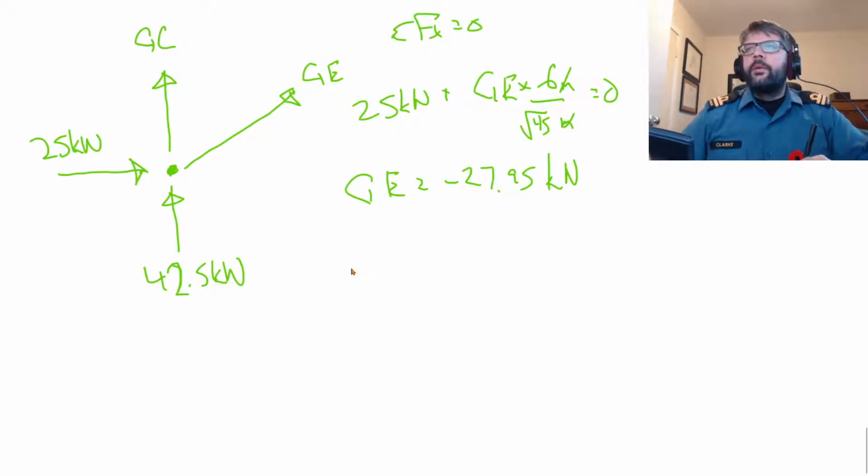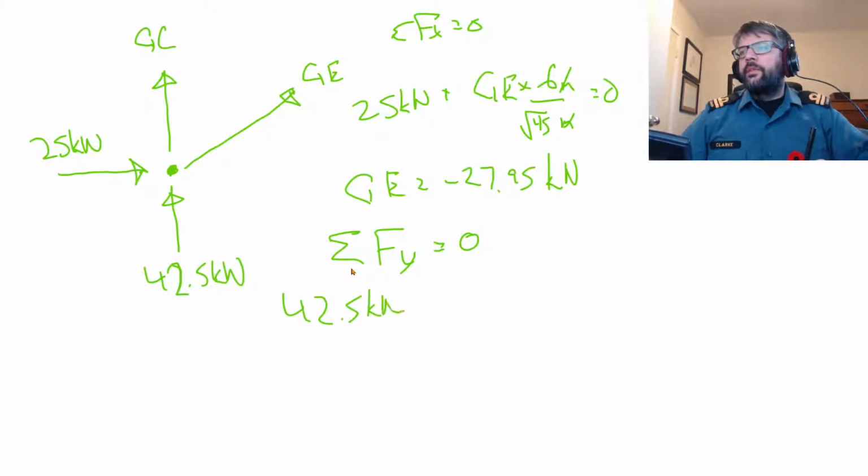So from there, we can solve for what our GC is. Our sum of the forces in the y direction is equal to 0. So we got 42.5 kilonewtons plus GC. And then since GE is compressive, that'll be minus.